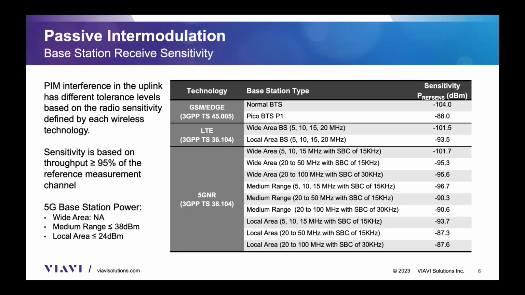And why is it a problem? Because, again, sensitivity based on this standard says that we have to have up to 95% of throughput, and that has to be guaranteed with a specific measurement or reference channel. In any case, if we have a PIM product, certainly that throughput is going to get affected.